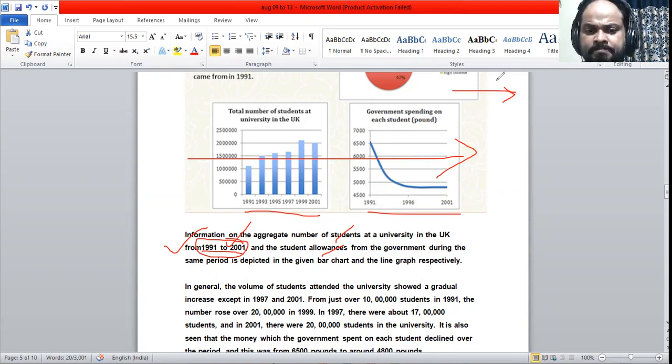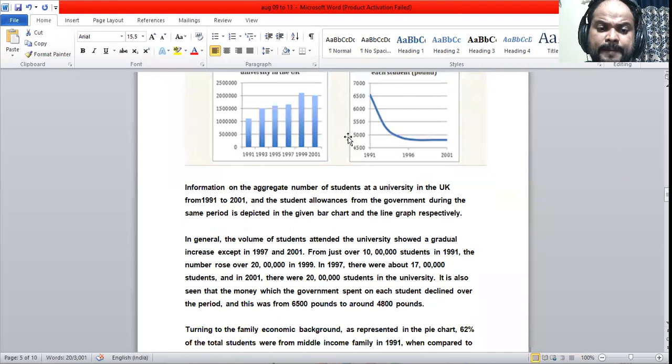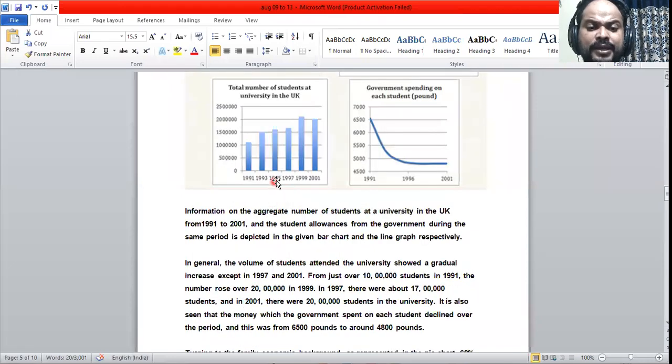Clear. So we have not mentioned anything about the pie chart here in the introduction. If you had to mention it, it would be a little complicated, so we have not done that. In general, the volume of students attending the university showed a gradual increase except in 1997 and 2001.